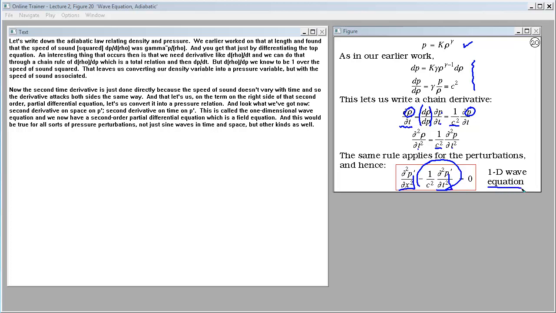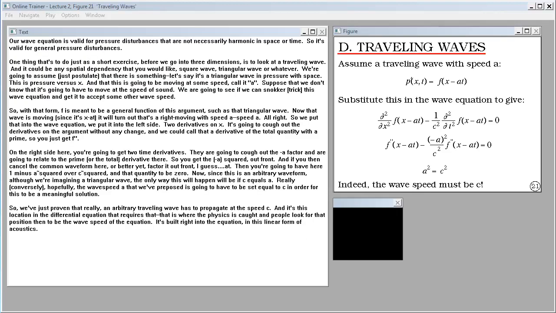We now have a second order partial differential equation, which is a field equation. This would be true for all sorts of pressure perturbations, not just sine waves in space and time, but other kinds as well. Our wave equation is valid for pressure disturbances that are not necessarily harmonic in space or time, so it's valid for general pressure disturbances.